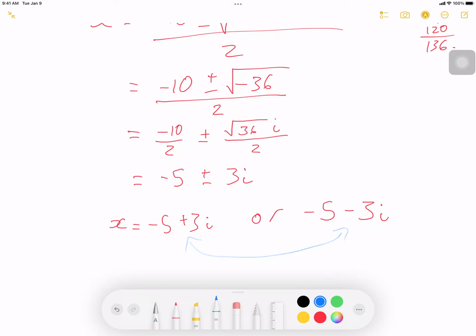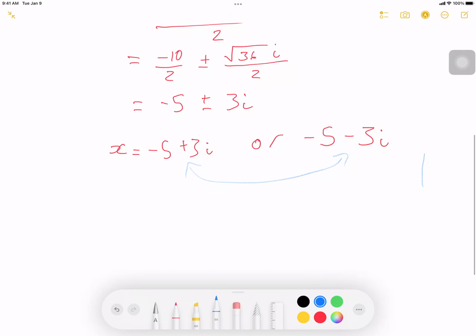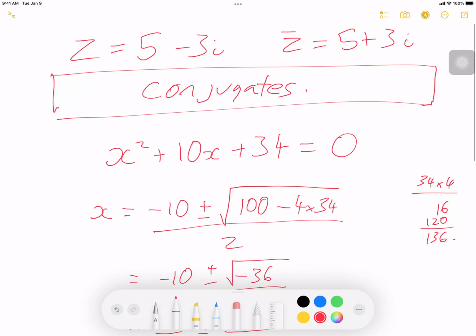This is always going to happen whenever we have an imaginary solution, if all the coefficients in our original quadratic equation were real.